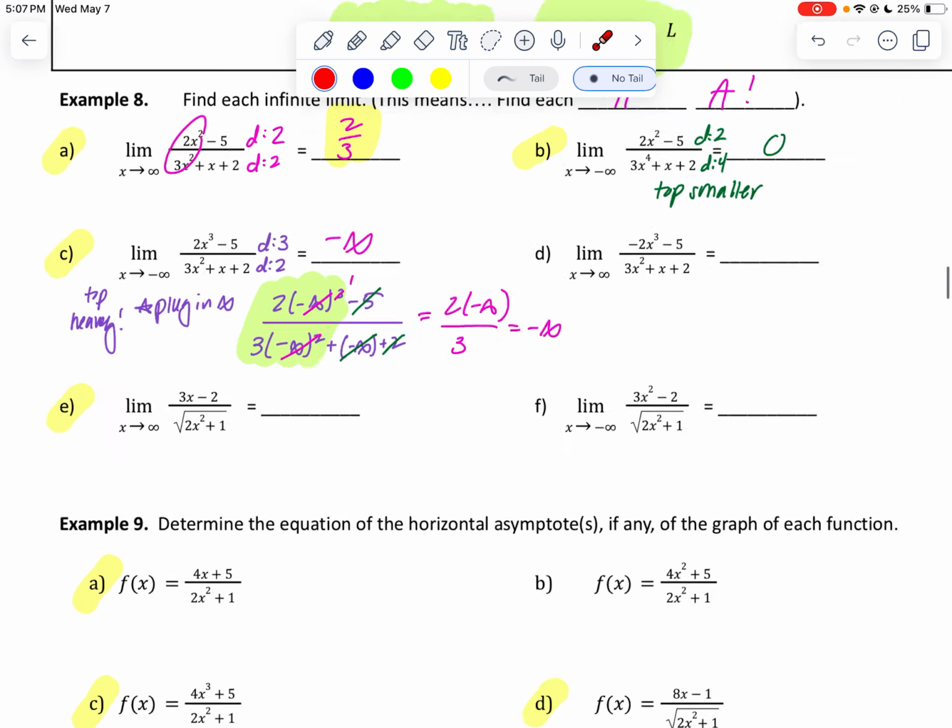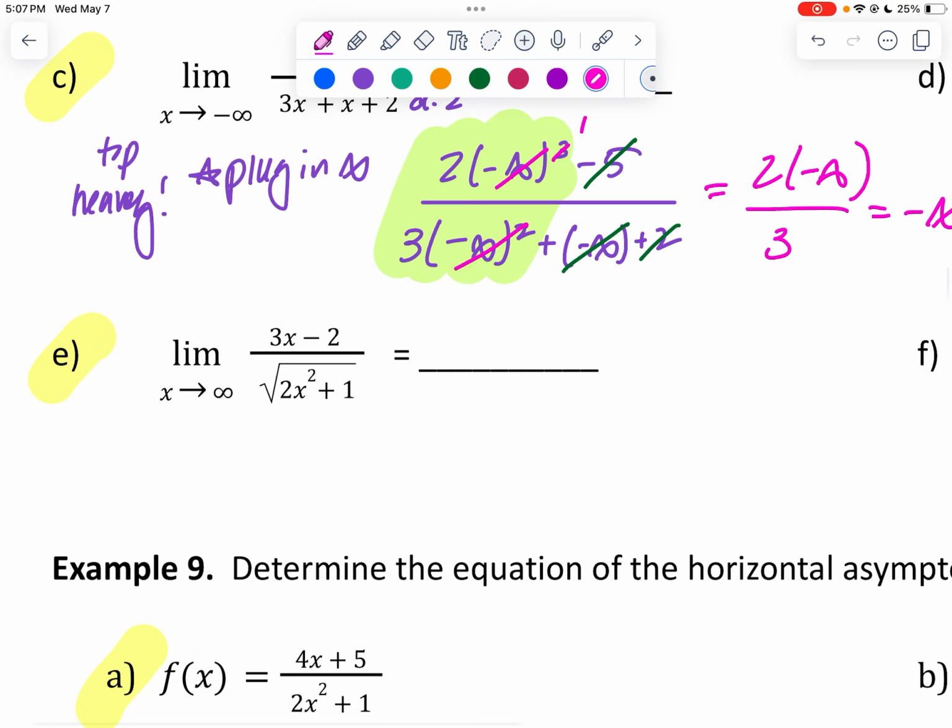Okay, part E is very similar. Here's a little bit tricky, I'm not really paying attention to my degrees. Technically, let's just go ahead and do it. For these type of problems, you're just going to go ahead and right off the bat plug in infinity.